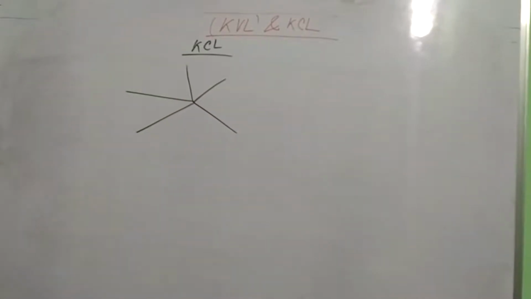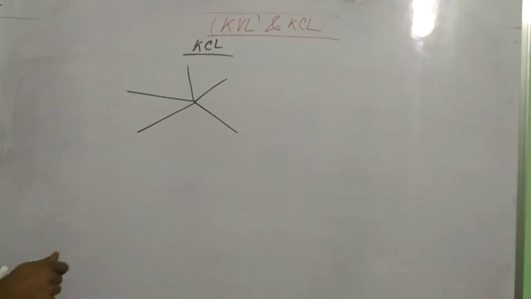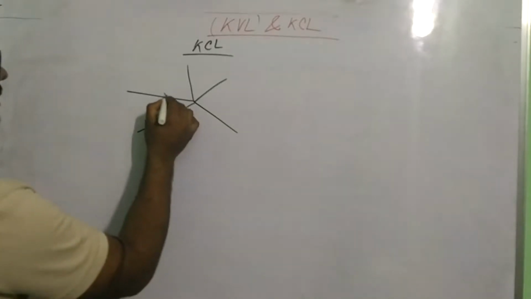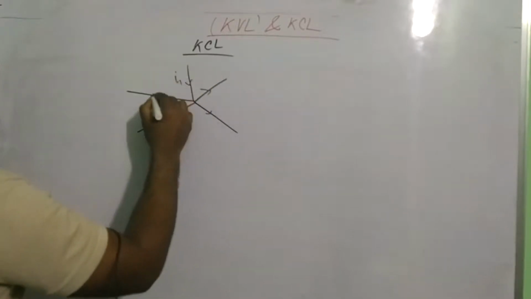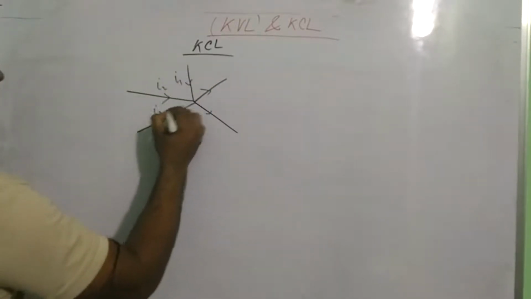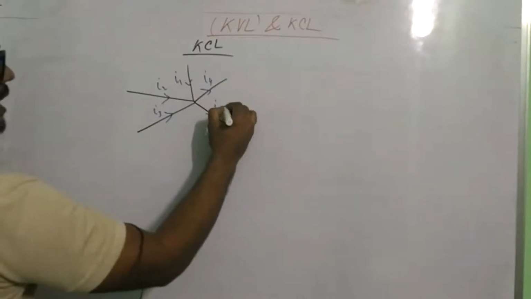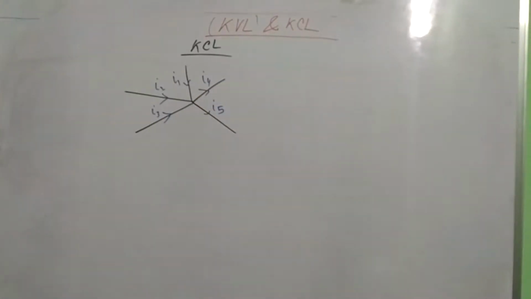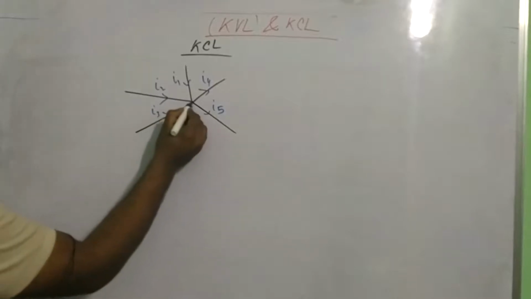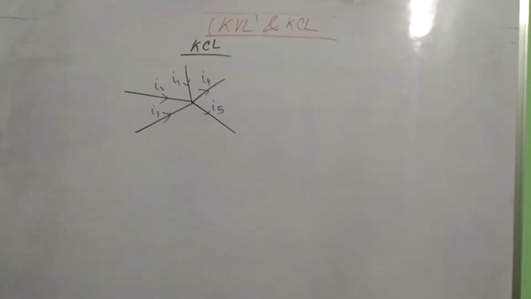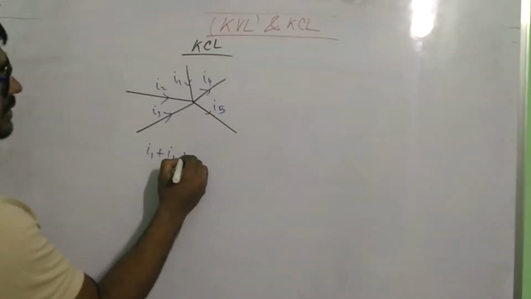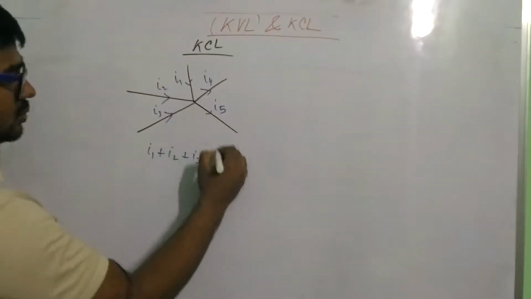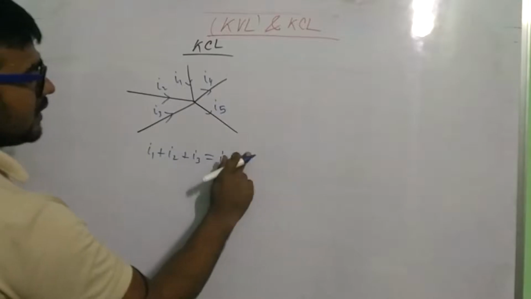This is not an algebraic sum, this is a normal summation. This is I1, I2, I3, I4, I5. So KCL states that at one point the whole incoming current, that means I1 plus I2 plus I3, equals I4 plus I5.